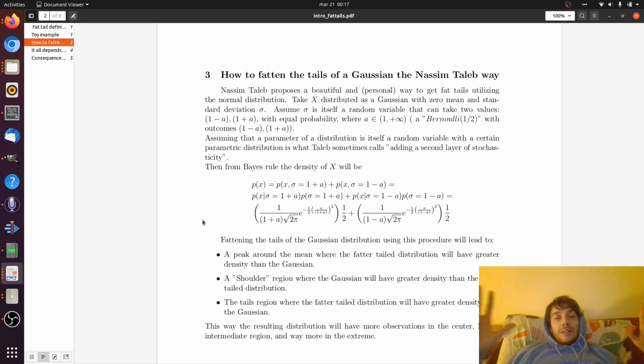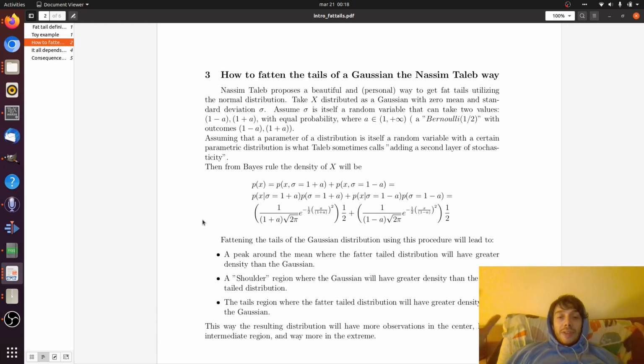What this means is that the Gaussian distribution is defined through 2 parameters, the mean and sigma, and these are real numbers. And one can think about rendering the standard deviation stochastic itself, so assigning a probability density to the standard deviation.